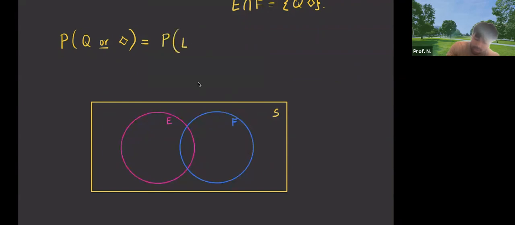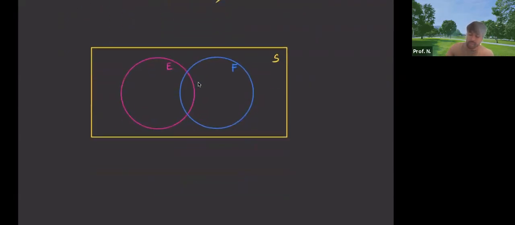The probability of E union F, right? That's what I'm trying to figure out. Now, when we talk about this region right here, we're talking about the intersection between E and F.